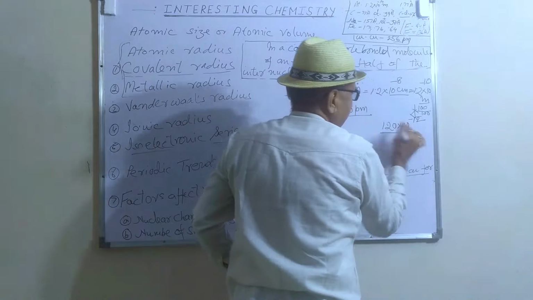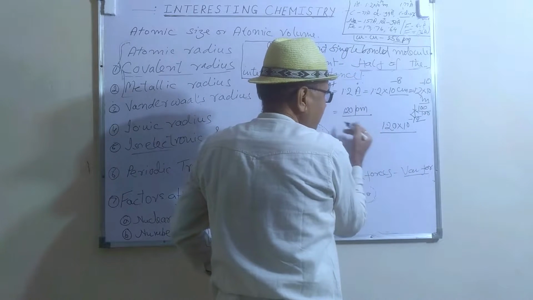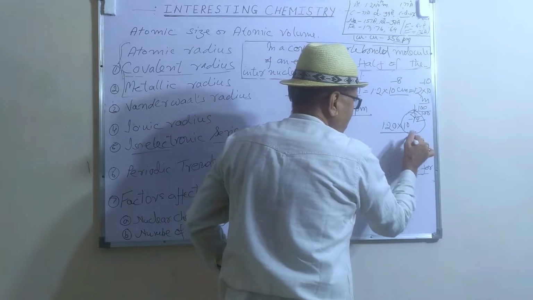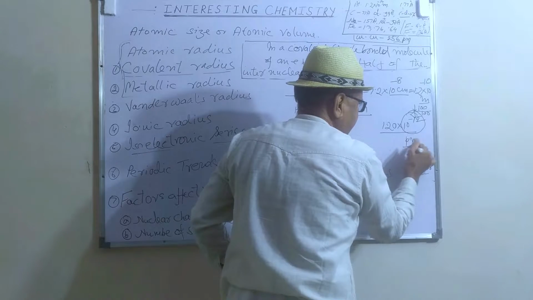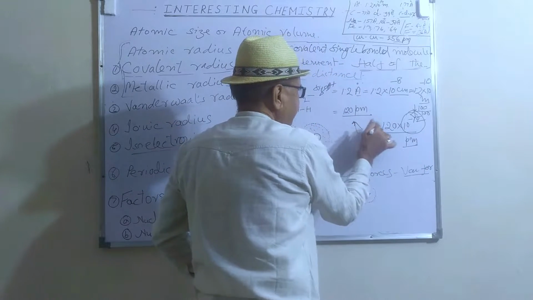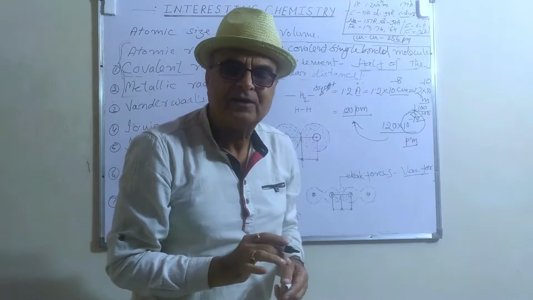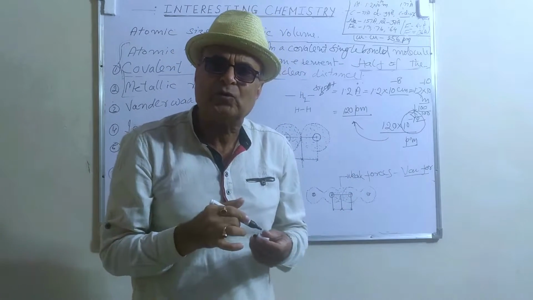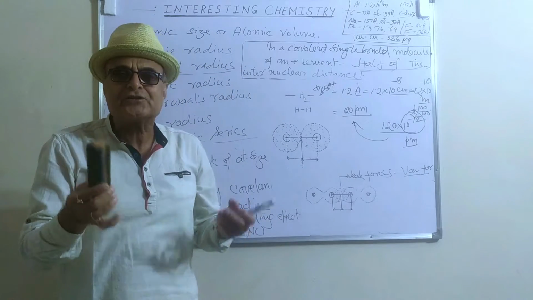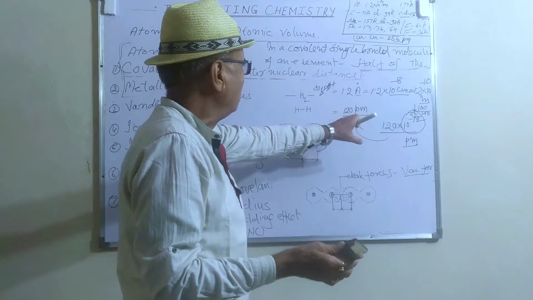So 10 raised to the power minus 12 is equal to the picometer. So it can be written as 120 picometer. I think you have understood the confusion about angstrom, meter, centimeter, and picometer.